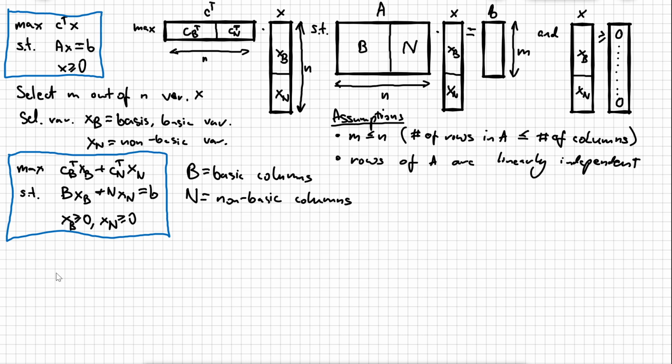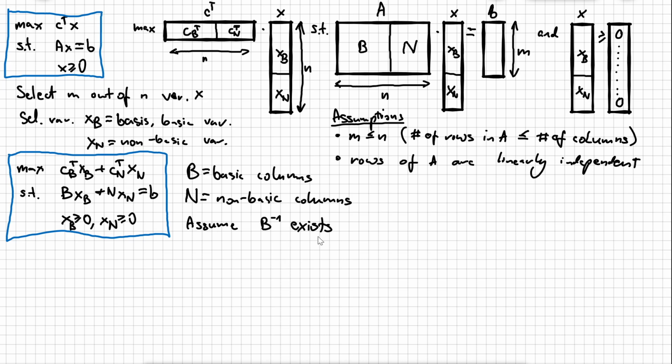The second step, now assume that the basic columns, the B, is an invertible matrix. So we're going to assume B minus 1 exists. I want you to see, of course, the A matrix had originally M rows and N, which was more than M columns. But B is M by M. It's a square matrix, right?